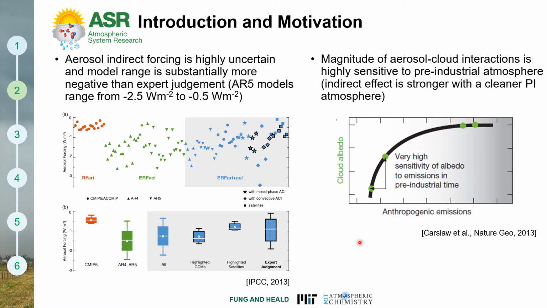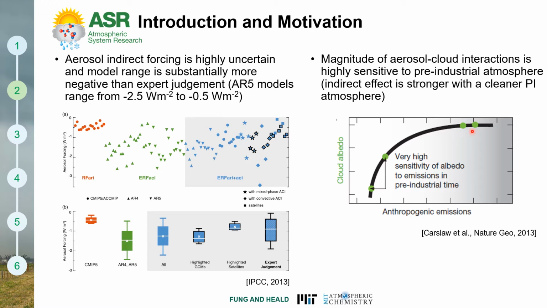So to illustrate that, I'm showing here this figure from Ken Carslaw's paper showing how there is a nonlinear response between what's labeled here as the anthropogenic emissions and the cloud albedo. So effectively, the magnitude of aerosol cloud interactions is really highly sensitive to your starting condition.